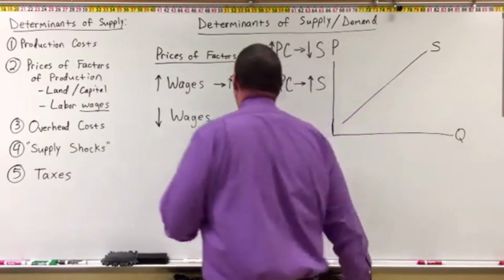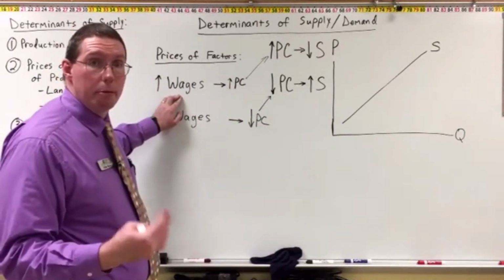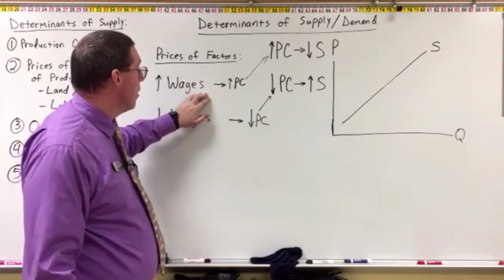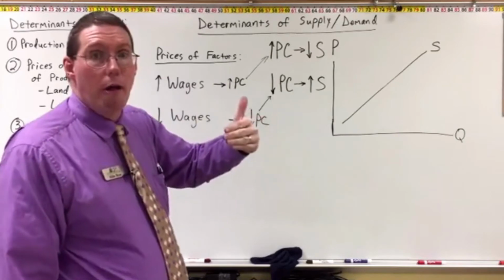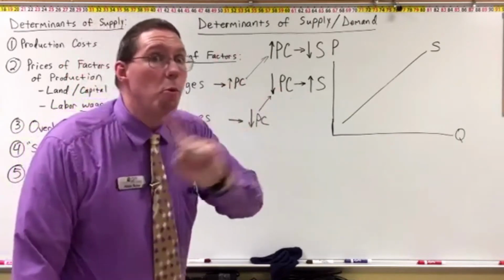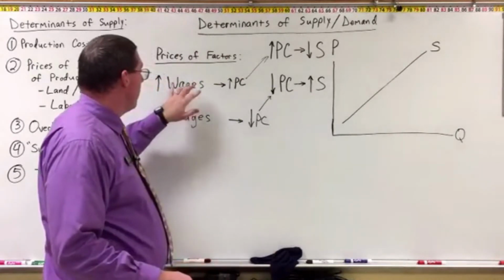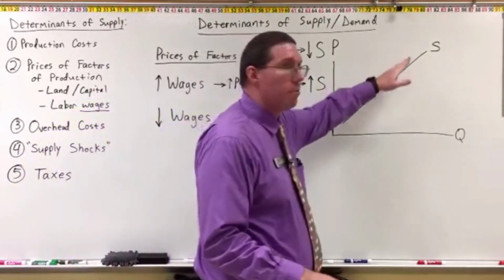Okay? All right, so here's the deal. When wages go up, when an employer has to pay more money out to their employees, that increases their production costs. They have to pay out more money for the same work. They're not getting extra work out of this. If it's just a matter of the workers working more, that's already handled on the supply curve.